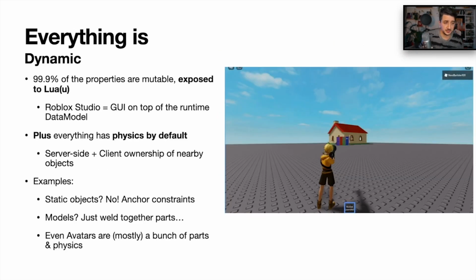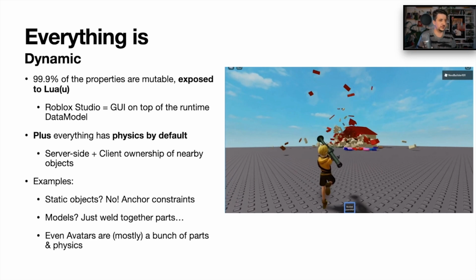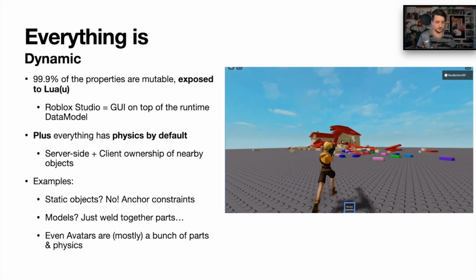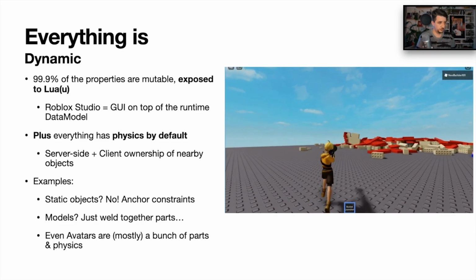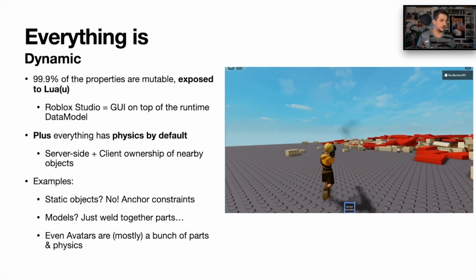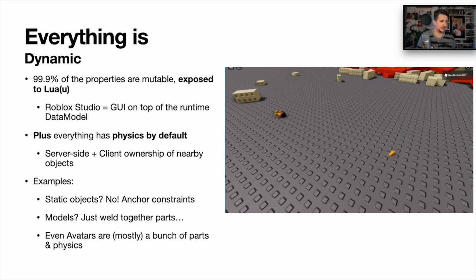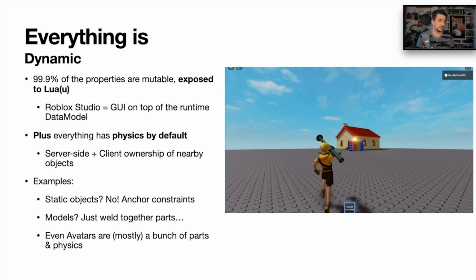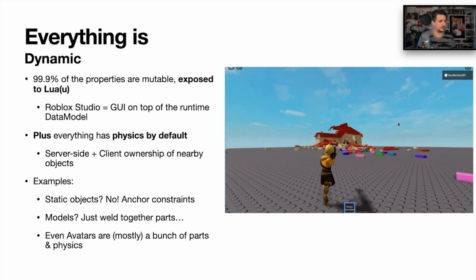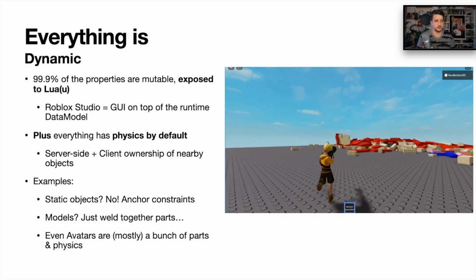And all the rest, like everything that is not assets, is basically dynamic. Like 99% of the properties of objects in the data model are mutable, and they're exposed to Luau. And to the degree that even Roblox Studio, the editor, does not really have modeling facilities of its own, it is basically an interface on top of the data model that is used in runtime.